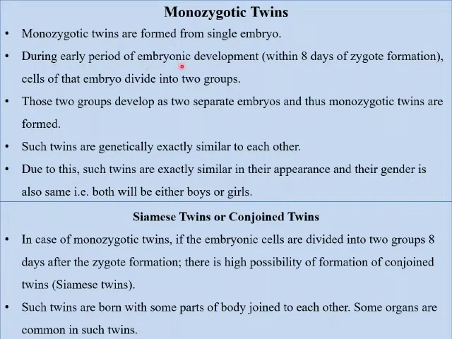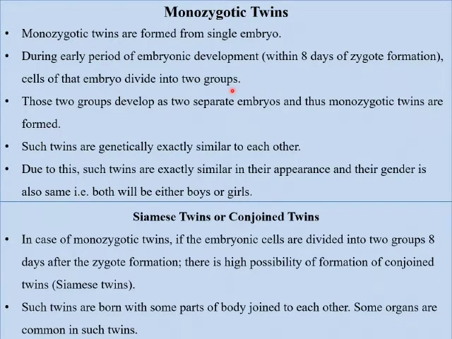During the early period of embryonic development, within 8 days of zygote formation, the cells of that embryo divide into two groups. Once fertilization occurs and the zygote is formed, it undergoes repeated mitotic divisions. Within 8 days of these divisions, the group of cells gets divided into two parts.